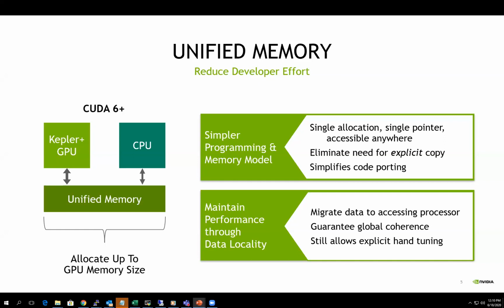This mechanism of migrating data and having it essentially present for only one processor at a time helps to allow for what we call global coherence. Because there's only one copy of the data in existence at any given time, and it's got a location associated with a particular processor, the processor that's acting on it, we don't have race conditions that result from two processors acting on the same memory location at the same time.